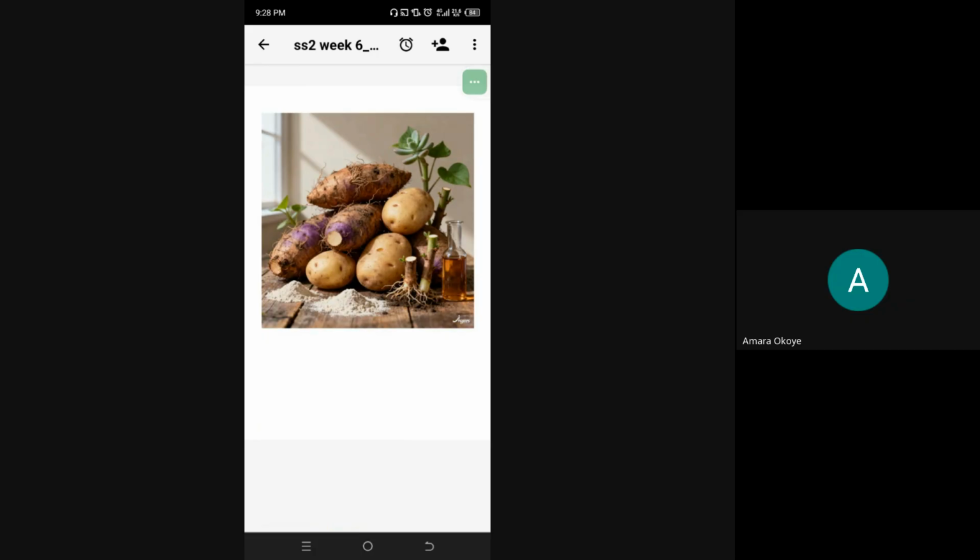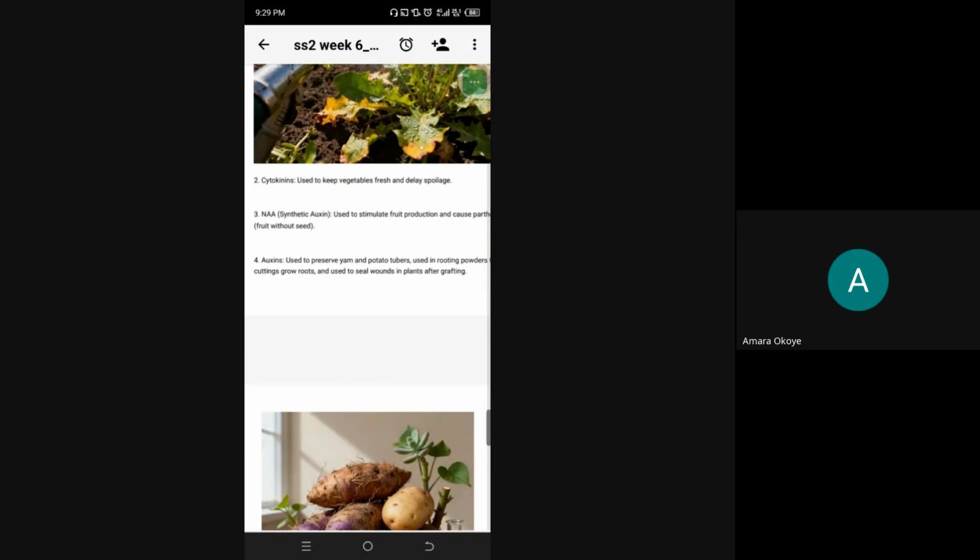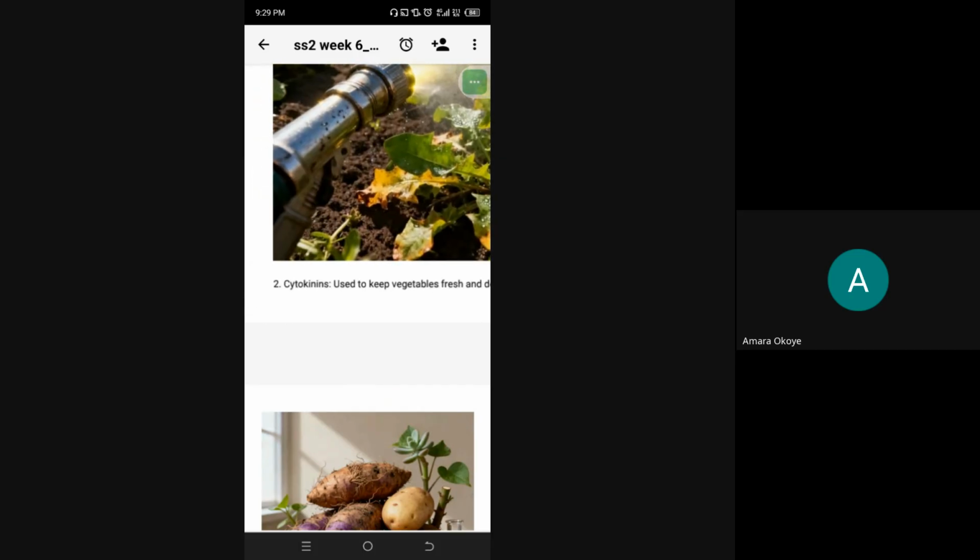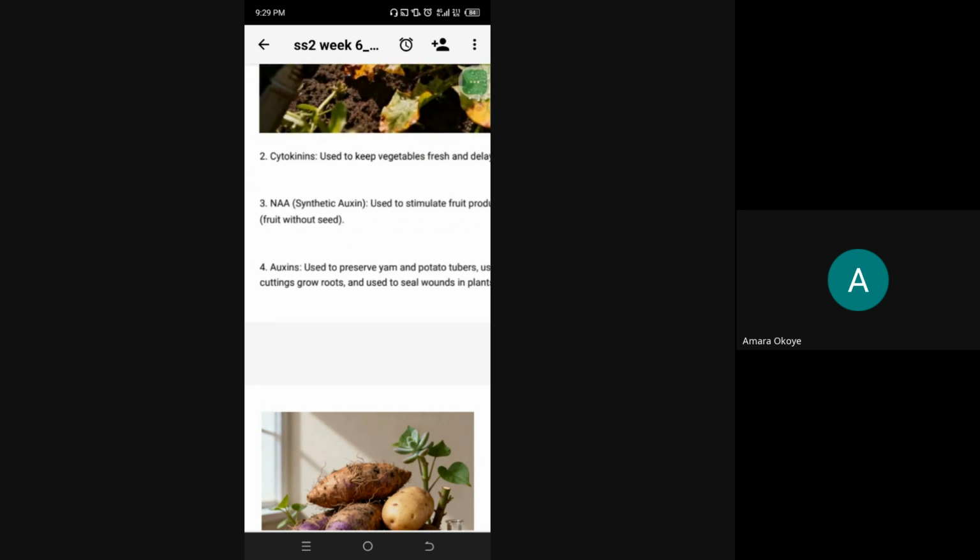Have you observed a situation whereby leaf begins to grow? Something like small tiny stem-like structures begin to grow out of it, and then leaf begins to grow. That is what is known as budding of the eyes. So auxin prevents that budding of the eyes. It prevents all those things from coming out. You understand? So that it does not spoil the fruit, because at the end of the day, they end up spoiling the fruit. So do you understand? Yes, sir. Okay. So that is another function of auxin.